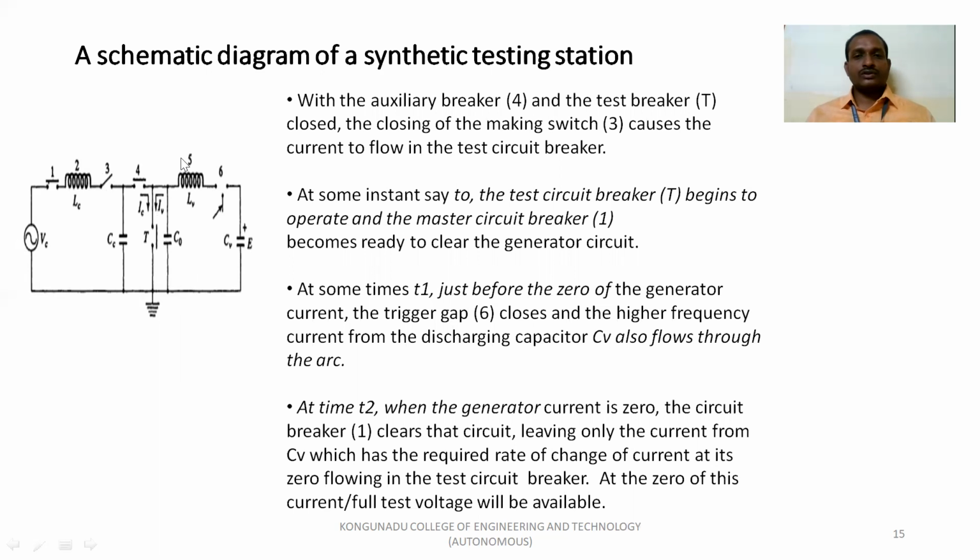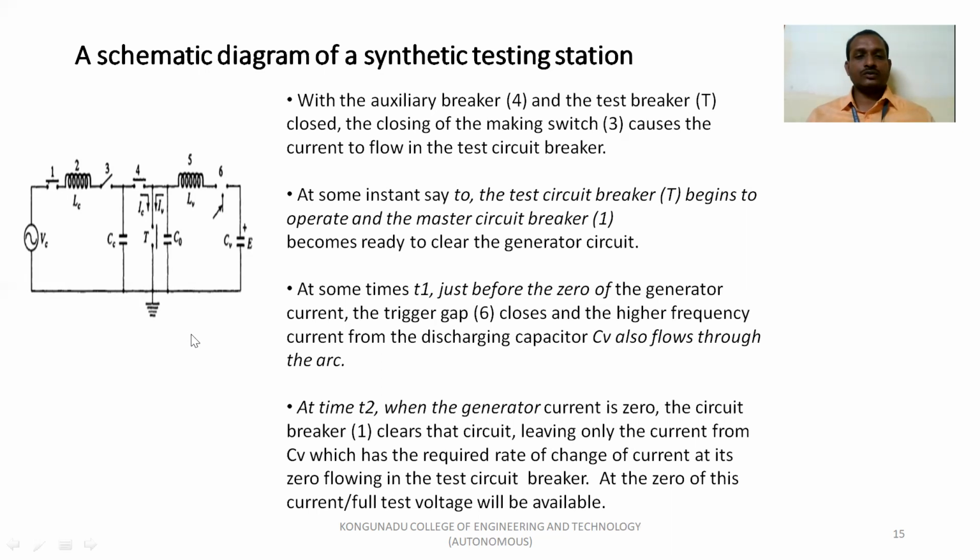So at T equal to 0, the test breaker T and the auxiliary breaker 4 are closed, and 3 makes the current flow through the circuit breaker. At T1, before the zero of the generator current, the trigger gap is triggered, and high frequency current from the discharging capacitor CV also flows through the arc.